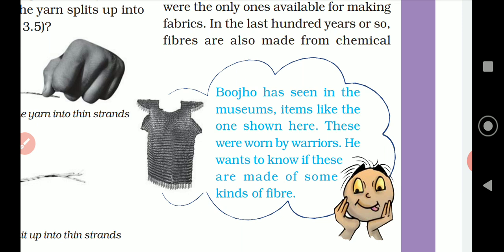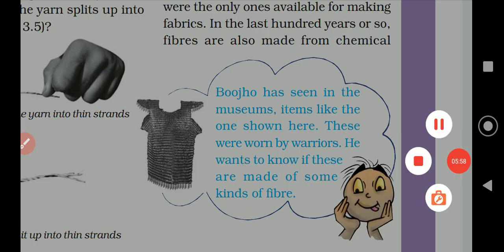Most of the fabric which we are using is made of chemicals now. So we'll study those fabrics which are made up of chemicals. Will they be natural fibers? No, of course not. So what will they be? They will be synthetic fibers, right? We'll study about synthetic fibers in the next video.